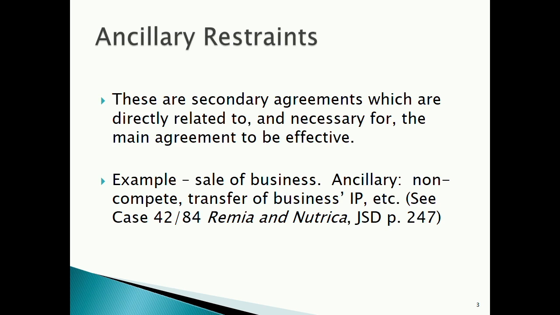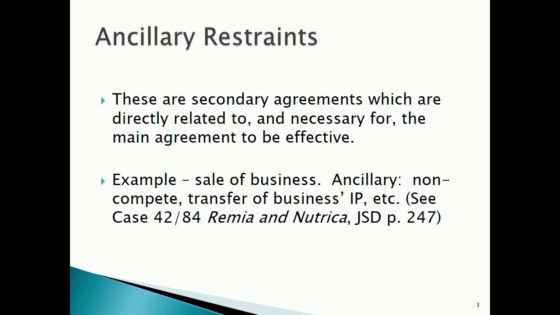Last time we began the discussion of the object and effects distinction in Article 101. And actually we didn't begin, but we're about to begin that discussion. But as a preface, an introduction to that, we went over the doctrine of ancillary restraints.